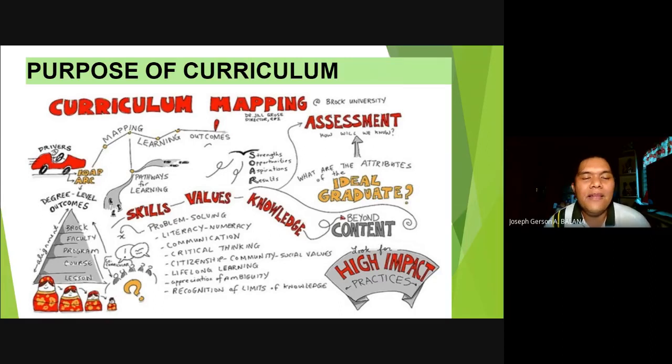How they develop knowledge, skills, and values, and what are the different strategies being employed by teachers, and then what ideal assessment strategies must be given so that they will be producing the ideal graduate. And of course, that lifelong quality, which is learning beyond the content or learning beyond the subject matter to learning lifelong skills.